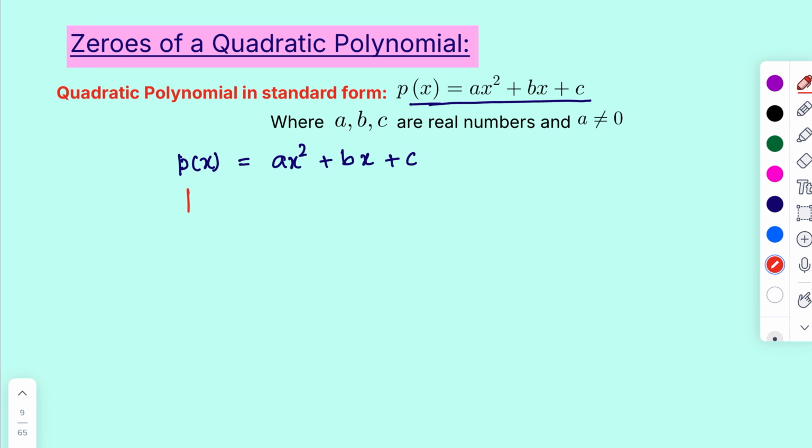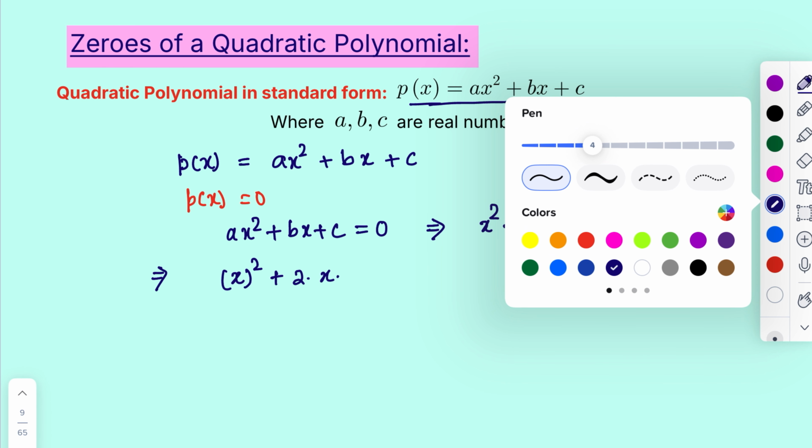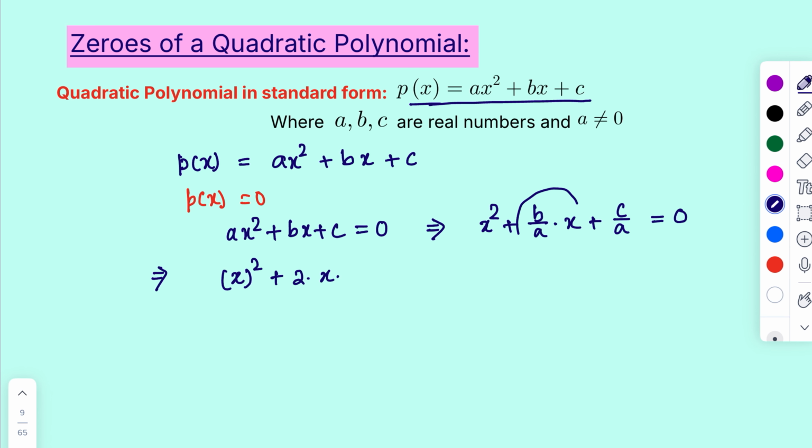Now we have to make it a square form in right hand side. How we will make it a square? Suppose we write x square plus 2 times x. We have to get b by a into x. This term we have to write.